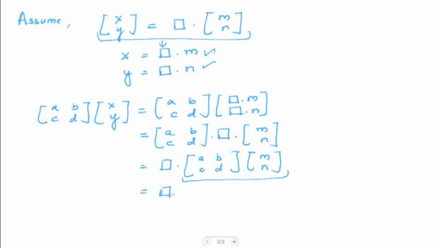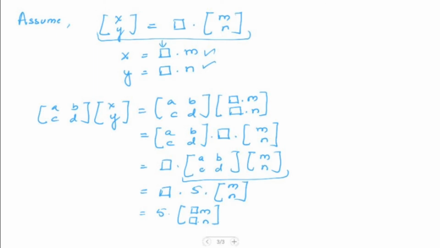So we can say that here the real number times 5 times mn. Now putting in the real number inside the vector again, you will get here 5 times the real number times m, and here the real number times n.